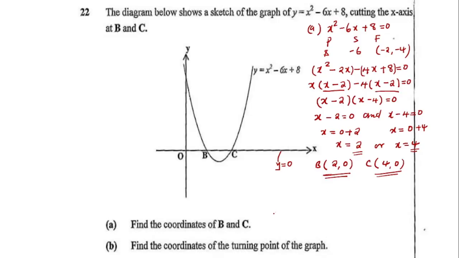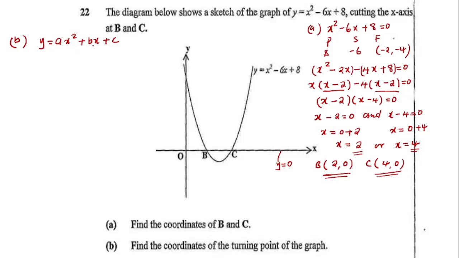We continue now as we look at part B. We understand that the equation is in the form y equals ax squared plus bx plus c. Where there is x squared, that's where the value of a is.